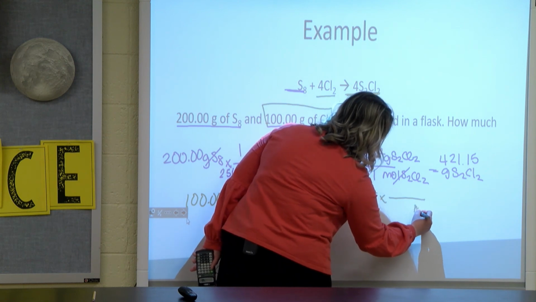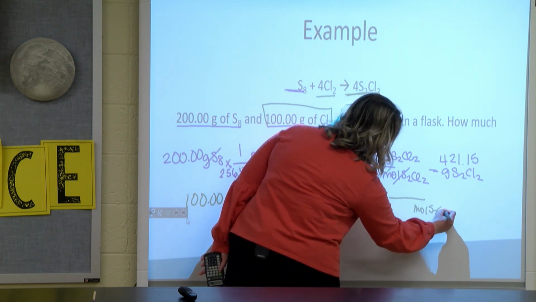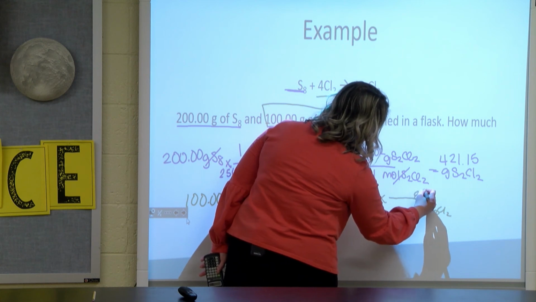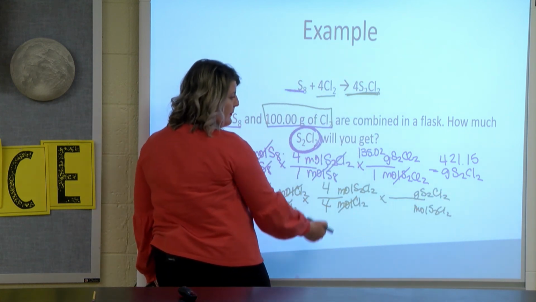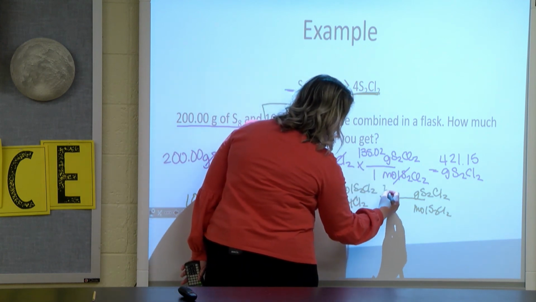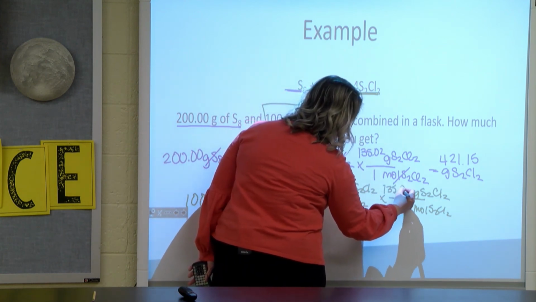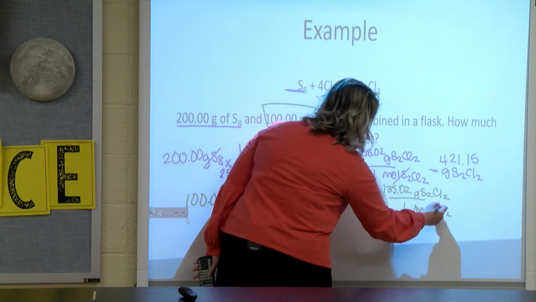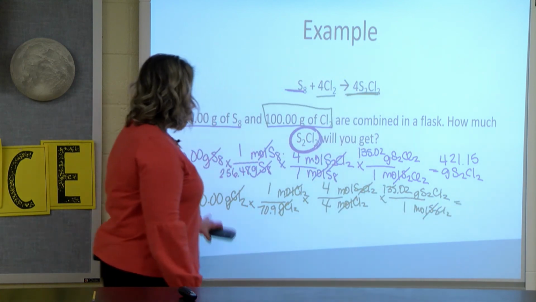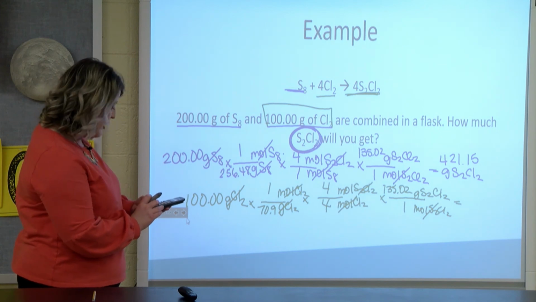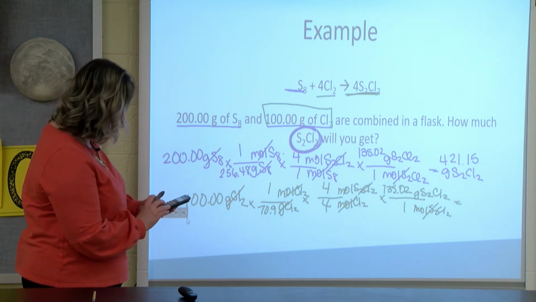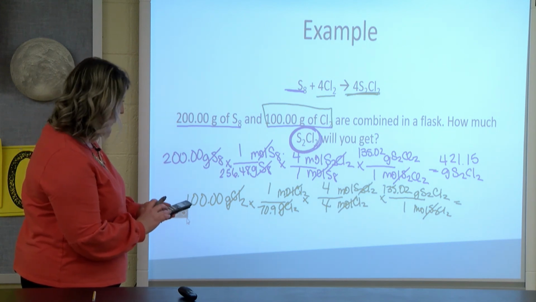On the bottom, I have moles of S2Cl2, and on the top, I have grams of S2Cl2. You just calculated grams of S2Cl2 in the previous problem, and it was 135.02, and moles is 1. So if I have 100 grams of Cl2, I'm going to put this in my calculator, 100 divided by 70.9.